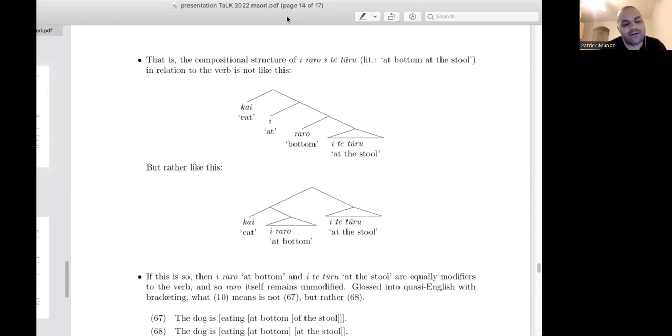I think it's exciting, because if this is correct, you would have a possible explanation for this weird thing about Maori, which is that it seems to think of locations like below and left as names, not as predicates that can be modified with subordinate things, right? But without field work, I don't think you can do that.